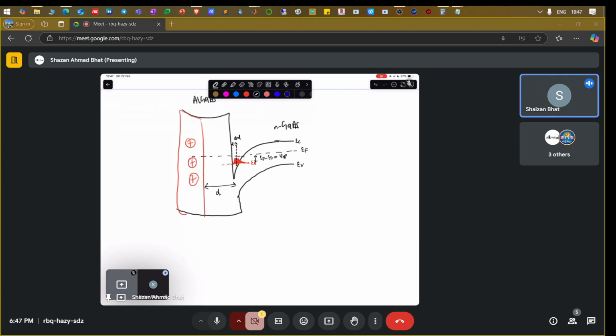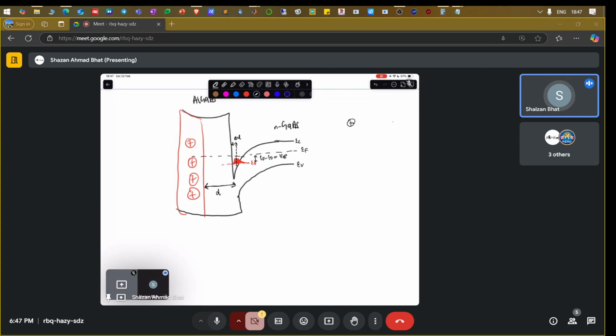Now what happens? Another possible scenario is that there can be remote screening effects. What is meant by remote screening effects? Even if these scatterers are at a certain distance d away from the sheet charge, they can remotely affect it, because at the end of the day these are charges, and if you separate the charges, there will still be repulsions or attractions between them.